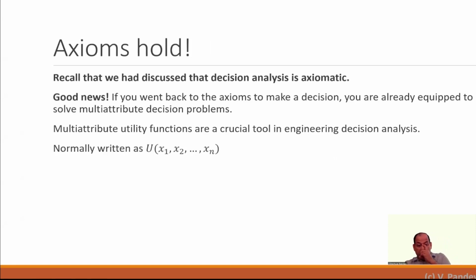So we still deal with utility functions, and they are a crucial tool in engineering decision analysis. So we usually would write u of x1, x2, x3, and so on and so forth. So let's say if you have n attributes, your utility function is a function of those attributes. And you can start thinking that the interplay has to be captured in this utility function, right?